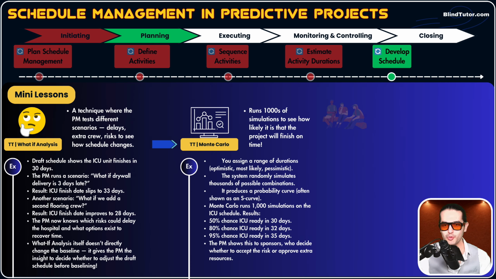So guys, our normal schedule network diagram showed the project will finish in 30 days. Now, we ran the Monte Carlo simulation, and it showed us that for that 30 days you came up with, there is only a 50% chance that the project will finish in 30 days. There is a 95% chance that it will finish in 35 days. So what do you do?